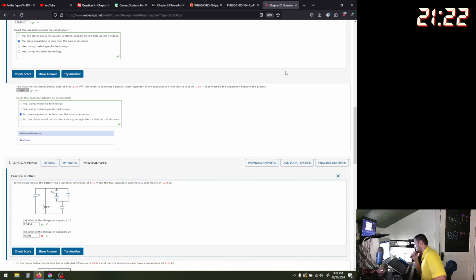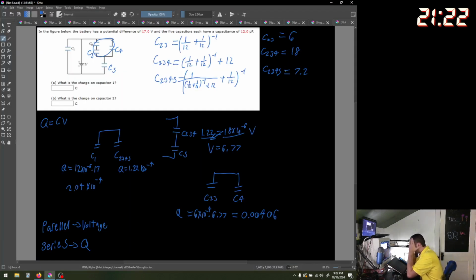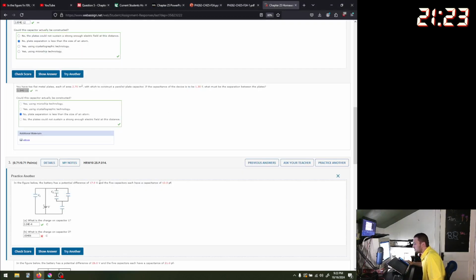Yep, everything's perfectly fine. 1.22 times 10 to the negative fourth, divided by (18 times 10 to the negative 6). That's the right voltage. What could it be looking for?